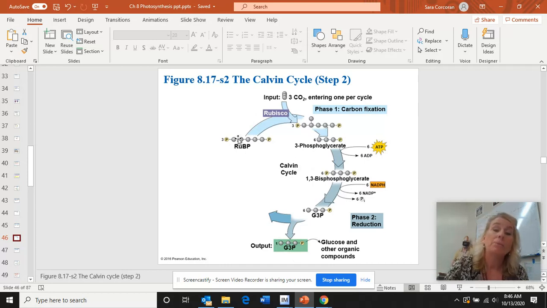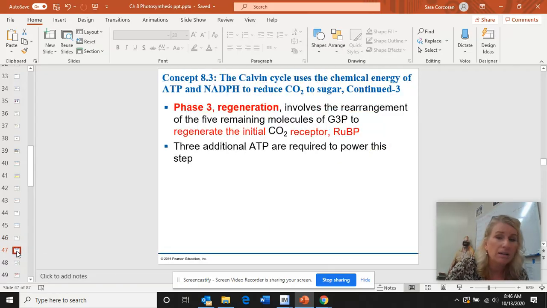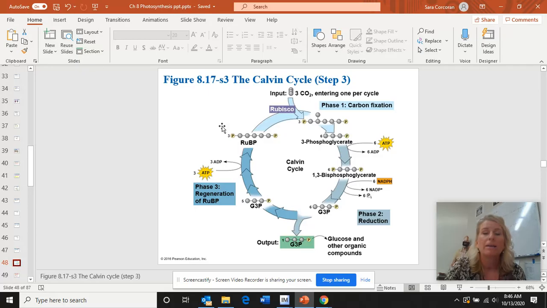So how do we regenerate RuBP? Through a process called regeneration. And this is the 3rd part of the Calvin cycle. So we rearrange some molecules of G3P and we regenerate our initial carbon dioxide acceptor, RuBP. This requires ATP. So luckily, we made some ATP in the light reactions and we can power that.